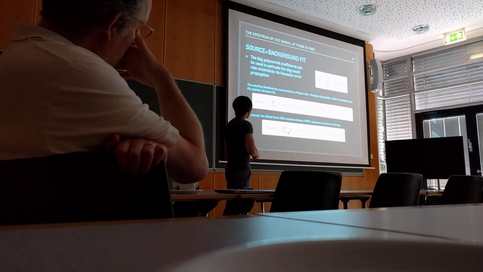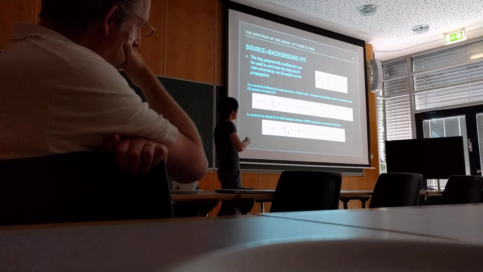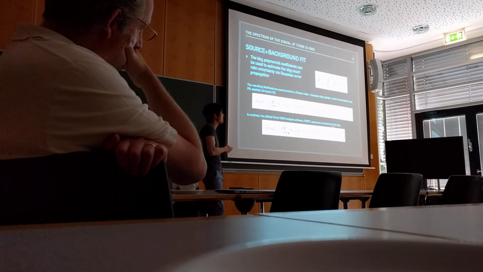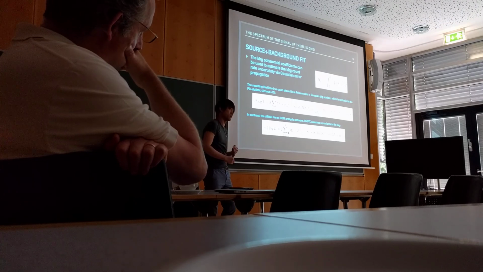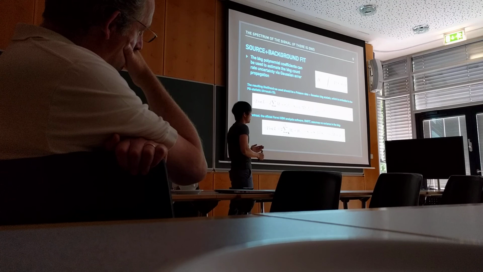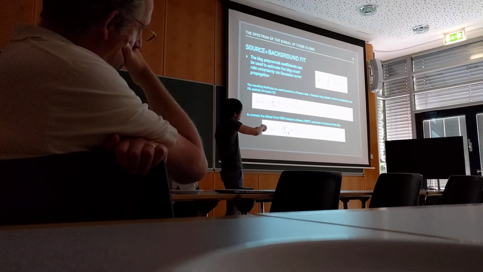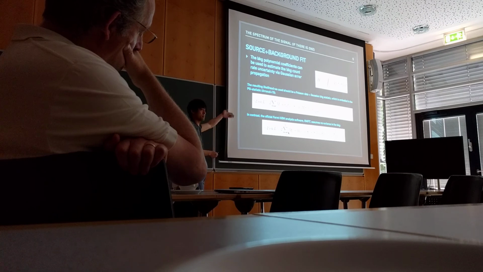In contrast, the official GBM analysis software, RMFit, assumes no variance in the background, because it just assumes the background is perfect after extrapolation into the source interval. So there is no error considered in RMFit. This is the mathematical difference between the two methods.